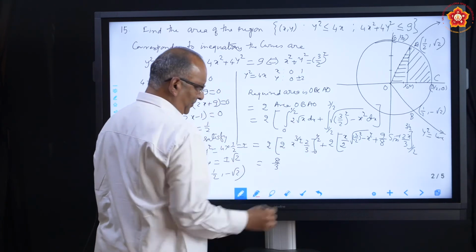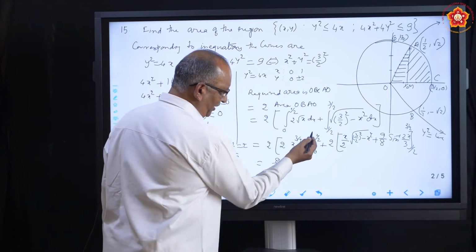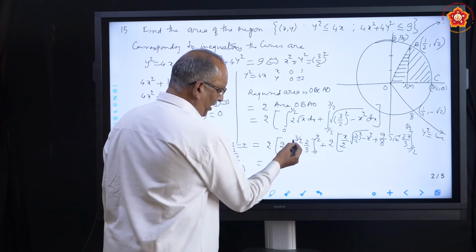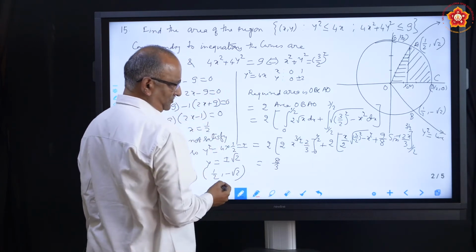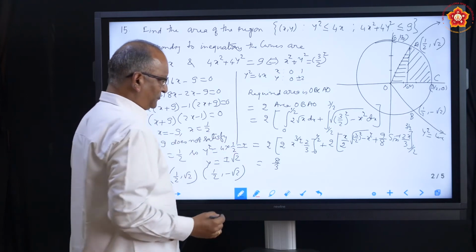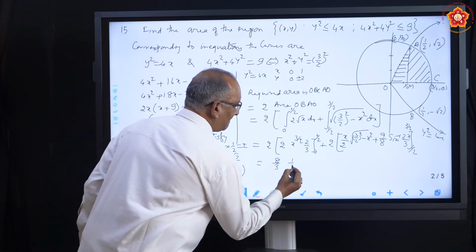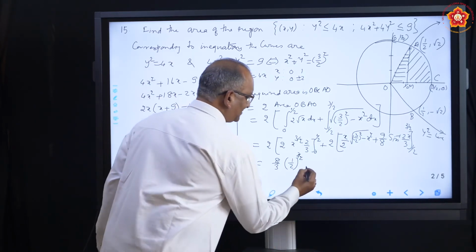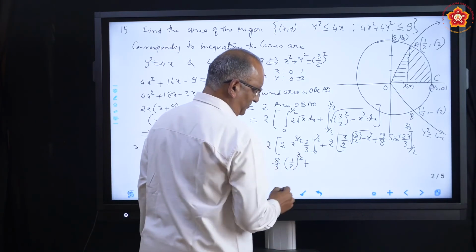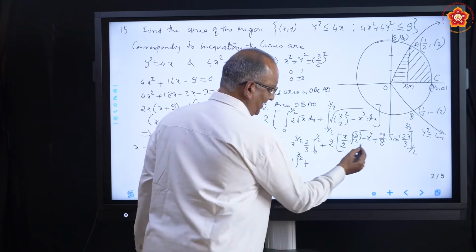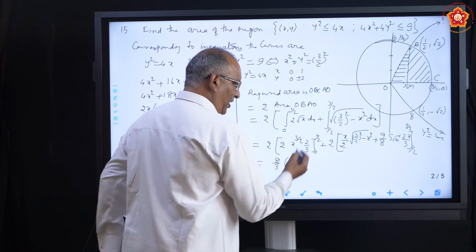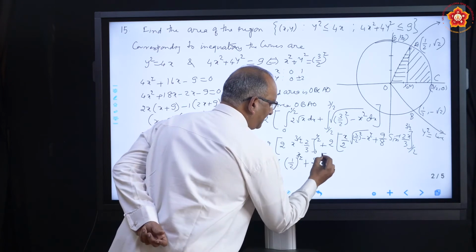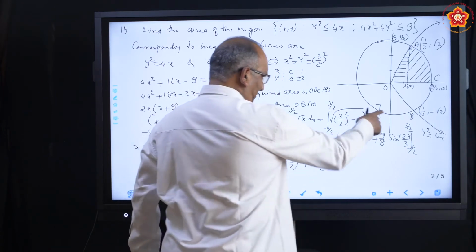And substitute the upper limit, x to the power 3 by 2. What is x? It is half to the power 3 by 2. Plus, here what we can do is, you can take 2 inside so that this will get cancelled, or you can continue with the same. Substitute upper limit.